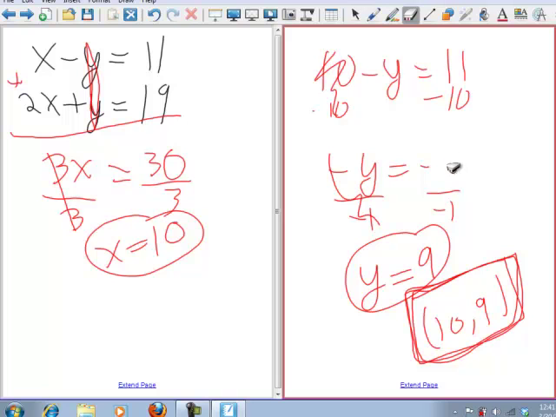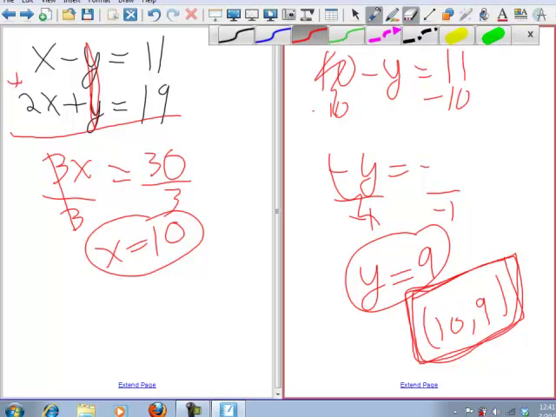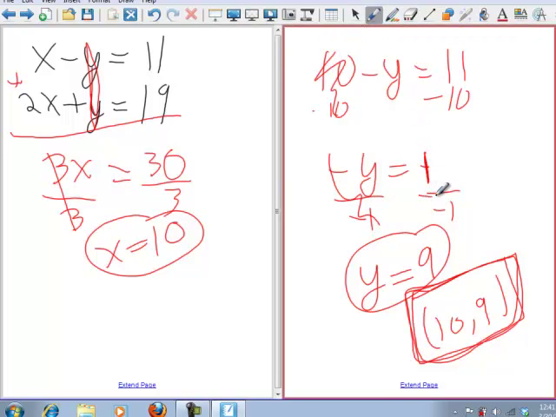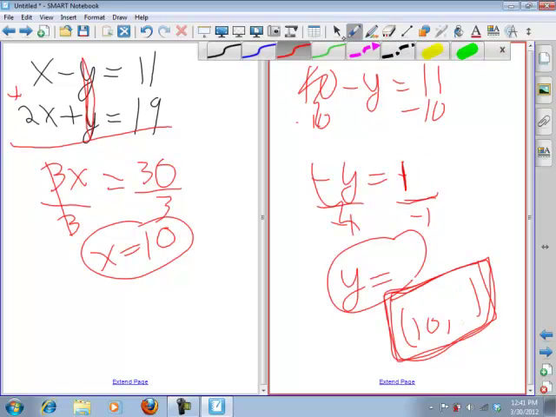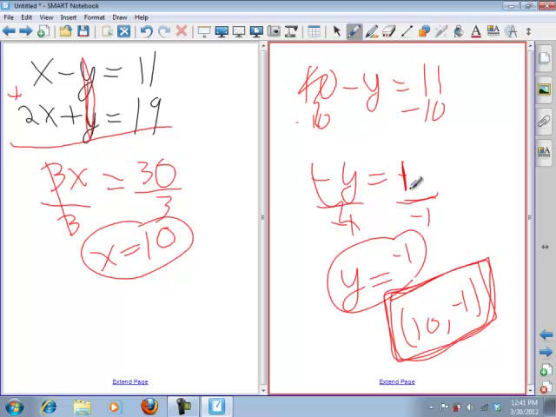So that makes this a 1, not a negative 1, just a 1. Change to negative 1. So let's change that. So they're both negatives now, because positive 1 divided by a negative 1 is negative. Negative 1, negative 1. Good. And that's the real answer. So now we're good. All set.